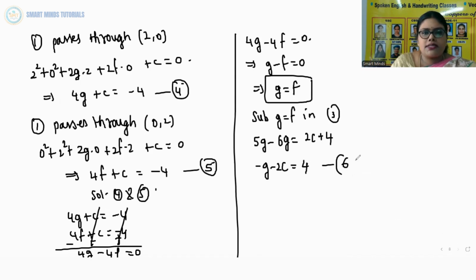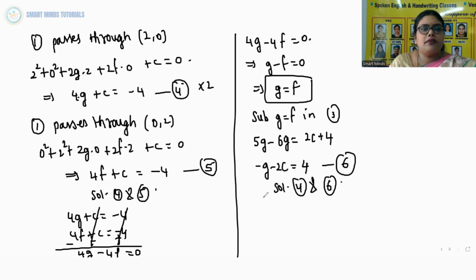This is equation number 6. Now if you observe equation number 4 and 6, you have g and c. Now solving 4 and 6. Over here you have g, over here you have 4g. So let us multiply the fourth equation with 2 so that c will be eliminated.